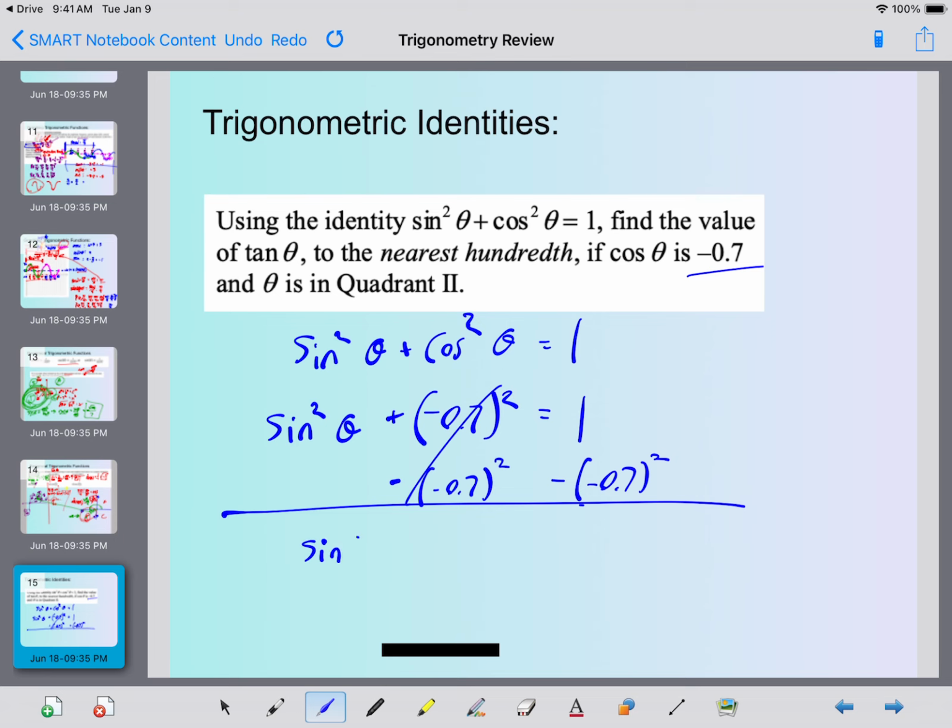You get sine squared of theta equals, let me put that on my calculator, 1 minus negative 0.7 squared, 0.51. Take the square root of both sides. I get kind of a wild number. I'll just leave it as radical 0.51 for now.